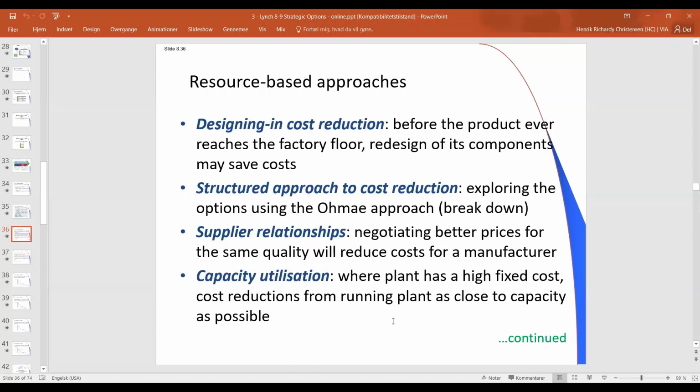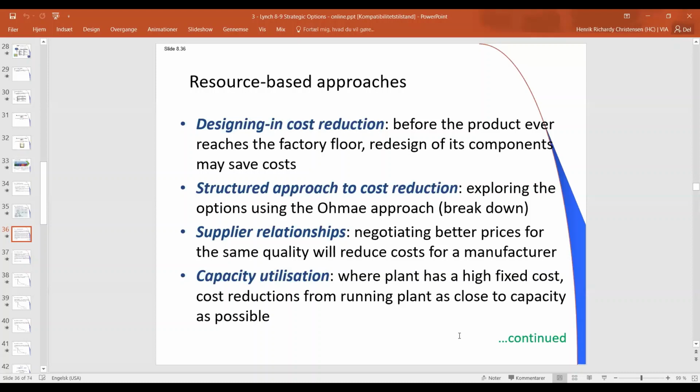And if you can produce 100 pizzas a day, but only produce 20, then of course, if you have to pay some rent for having your kitchen available, then that rent needs to be placed on 1, 2, 3, 20 different pizzas. That might add up to $10 per pizza.